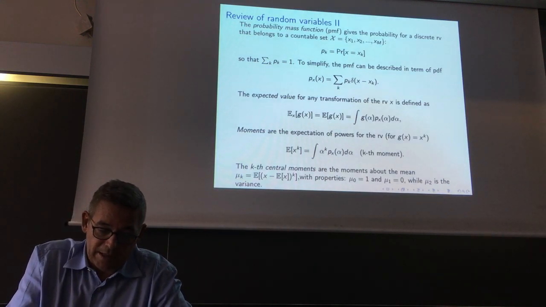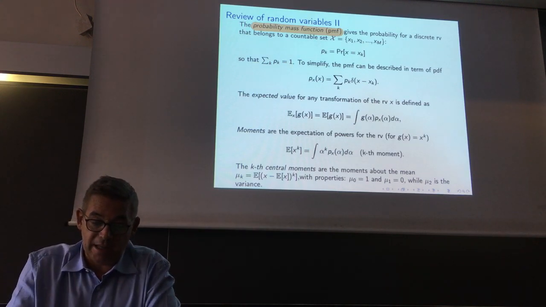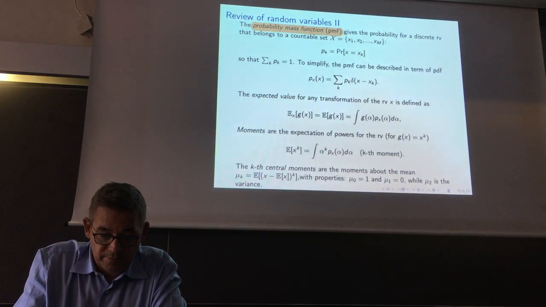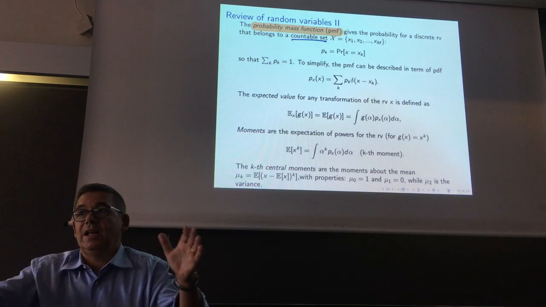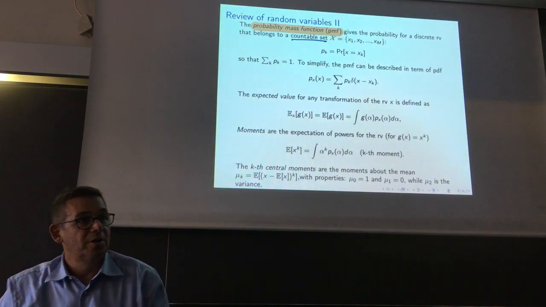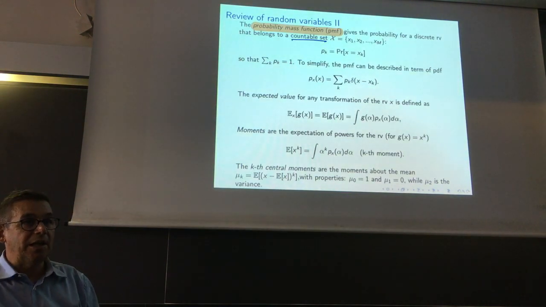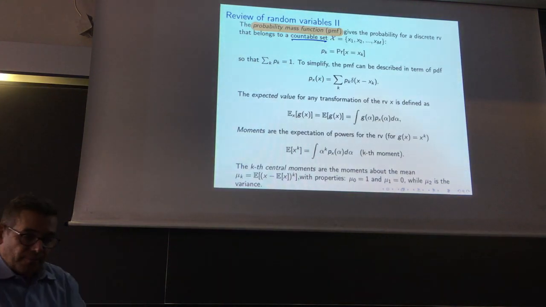So the probability mass function, PMF, says that I have a discrete countable set. Countable means I can count it. I cannot count the real numbers, because there is no way to count them. But if I take a countable set, like the integers 1, 2, 3, 4, or any number between 1 and 300, this can be counted.